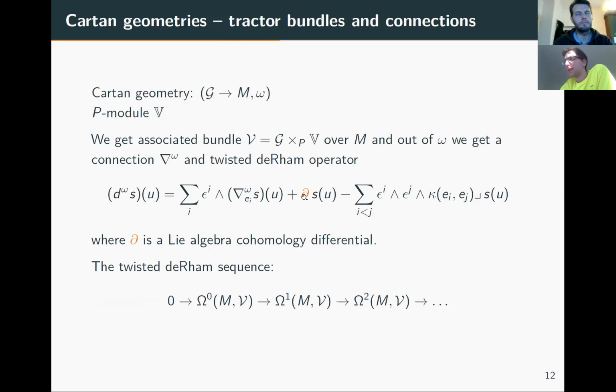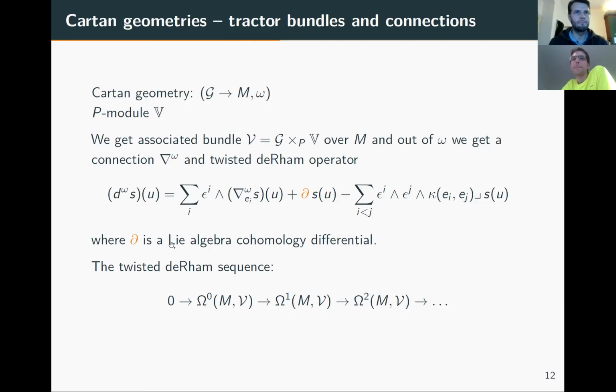This partial delta is a Lie algebra cohomology differential, the Chevalley-Eilenberg cohomology. Okay, this is already specific to the parabolic case. Sorry, we will come to that later.